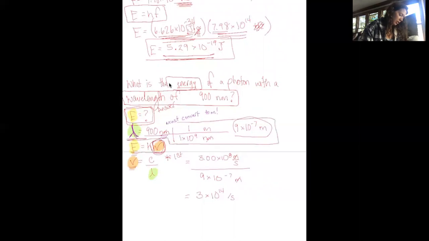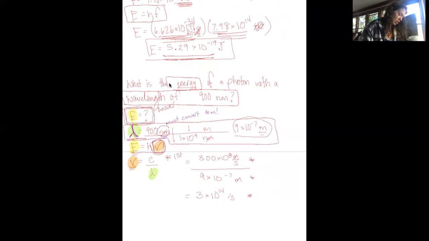So I converted my wavelength in nanometers to meters. I then plugged it into my equation and said that the frequency is equal to the speed divided by the wavelength in meters. That gives me a frequency of this.